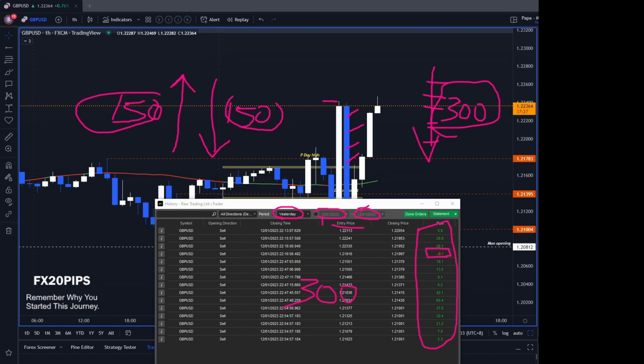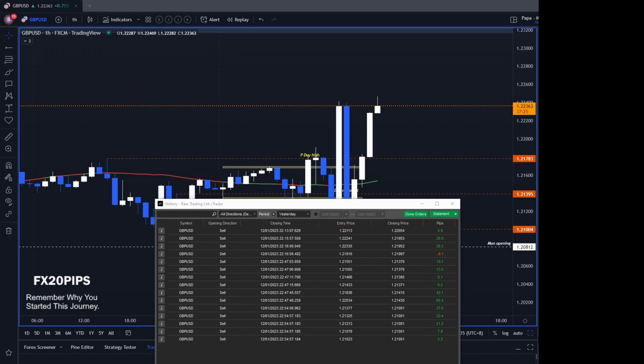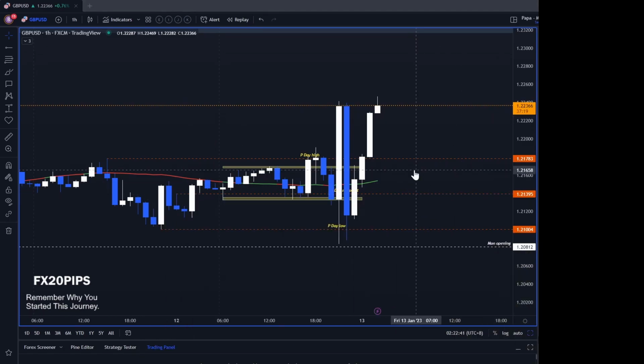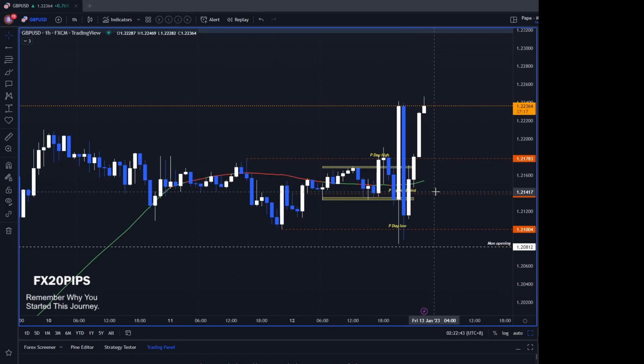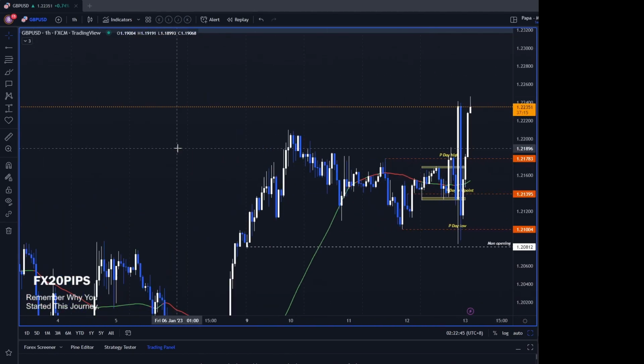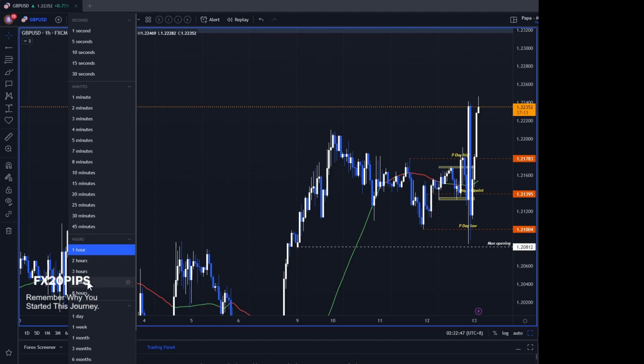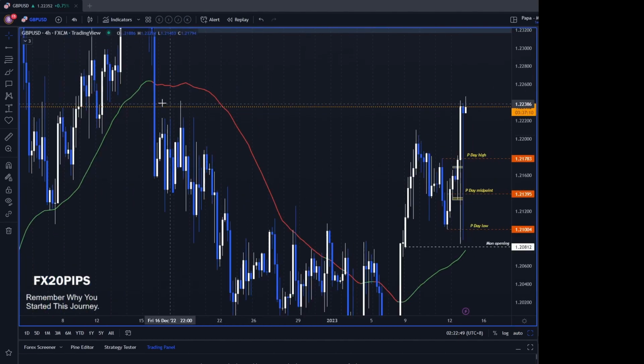The main point was to tell you that price has cleared the liquidity here.